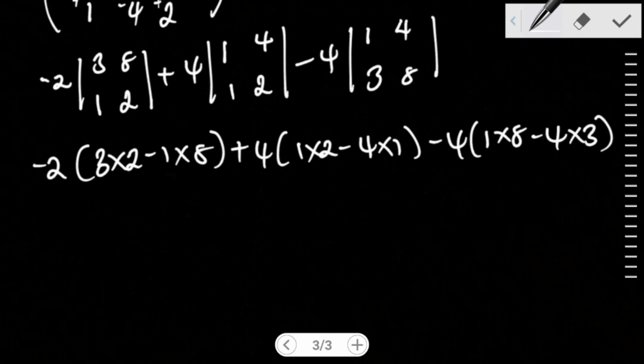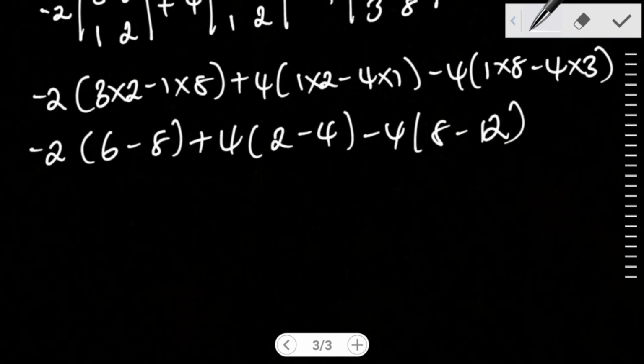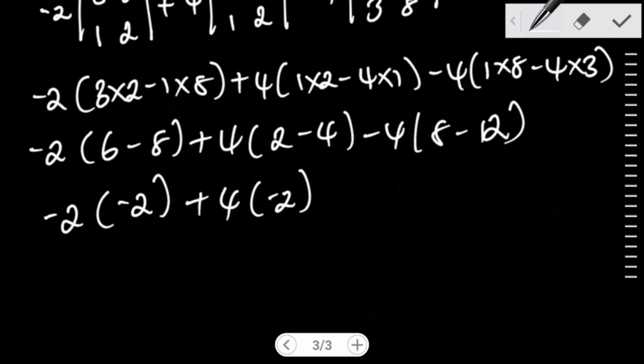So out of that, this is going to be negative 2 into 6 minus 8, plus 4 into 2 minus 4, minus 4 into 8 minus 12. So out of that, I'm going to have negative 2 into negative 2, plus 4 into negative 2, close this, minus 4 into negative 4.